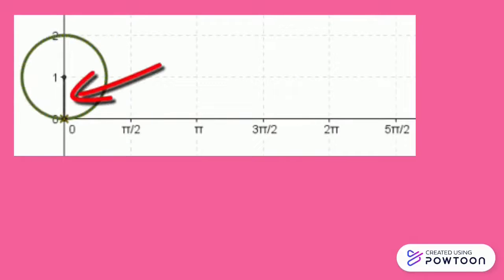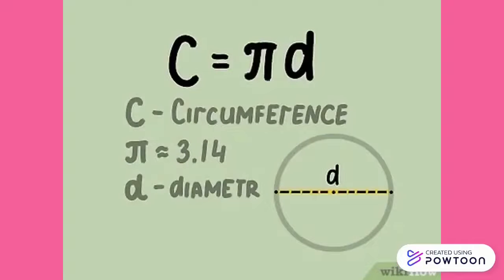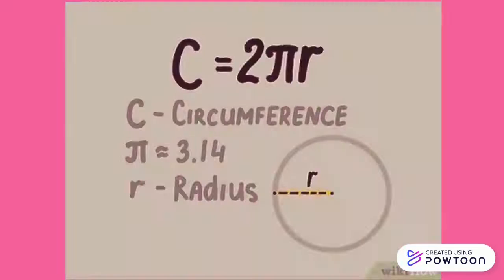Observe that the diameter of this circle is 2, and so this tells us that the relationship between the diameter and circumference is that the circumference is equal to the diameter times pi. We can also plug in the radius because we know d is equal to 2r. We can also say circumference is equal to 2 times pi times r.